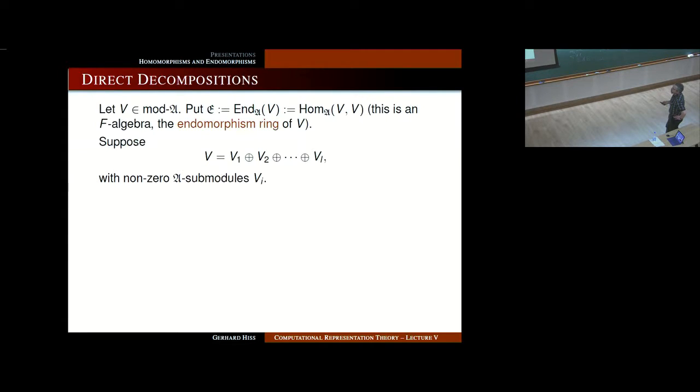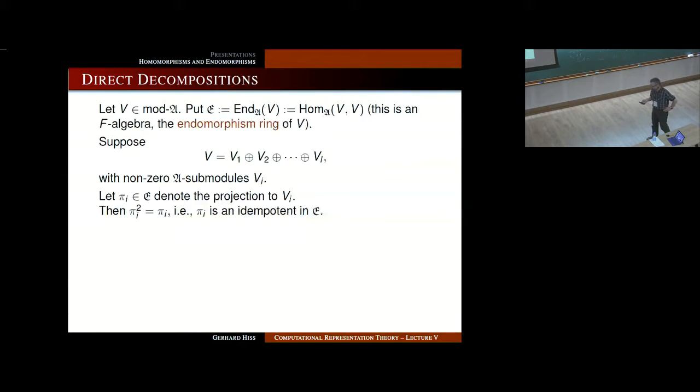Now suppose that you have a direct decomposition with non-zero submodules Vi. Then you have projections, homomorphisms which project V to Vi, so let's call them pi_i. So these are idempotents in the endomorphism algebra.